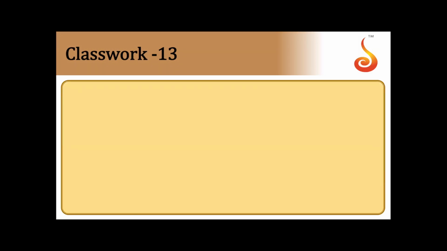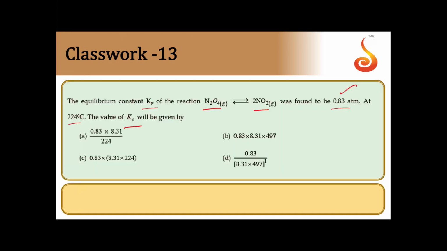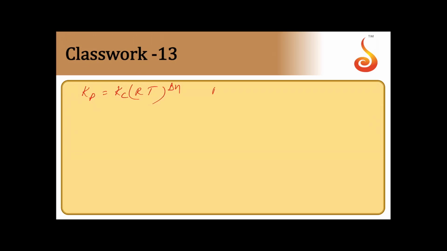Direct formula we have: Kp is equal to Kc into RT power delta n. So we require the value of delta n. If you observe the equation, delta n is equal to number of moles of gaseous products, which are 2, minus gaseous reactants, which are 1. So delta n is equal to 1.